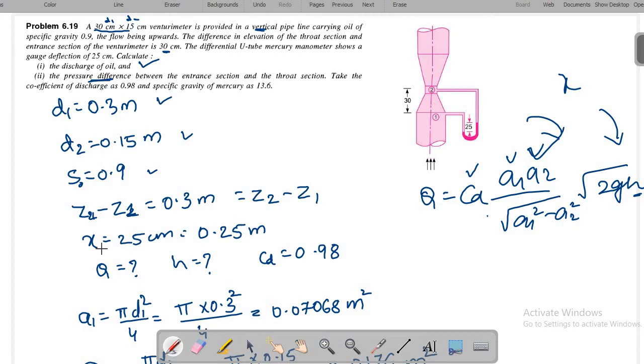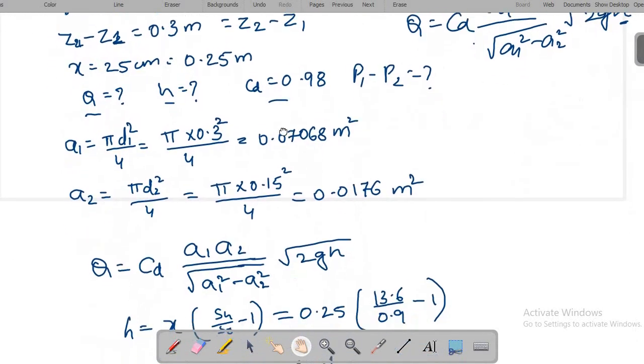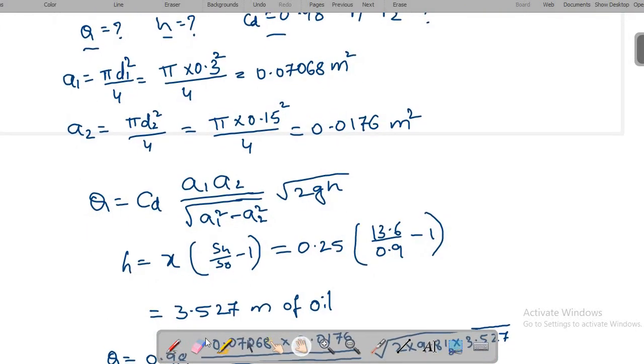Okay, so X value is 25 centimeter. Q they are asking, and H is unknown, and P1 minus P2 we have to calculate. P1 minus P2 is to be found. CD they have given.